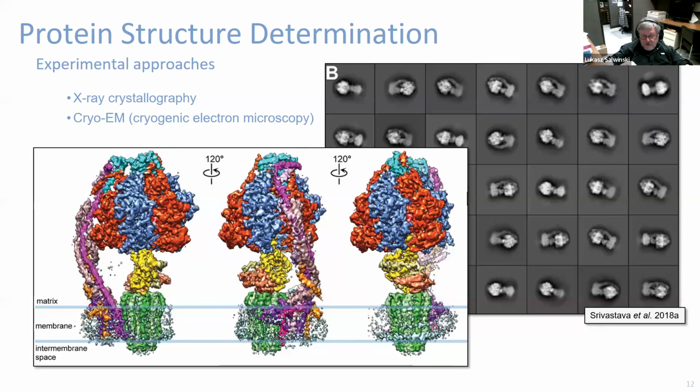The difference between X-ray crystallography and cryo-EM is that with X-ray crystallography, you can go back and forth between the model and the data. So you can check in a very strict way if the model is consistent with the data. With cryo-EM, it's less so.